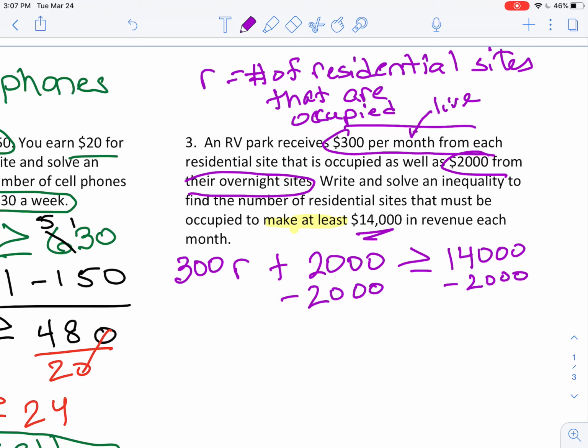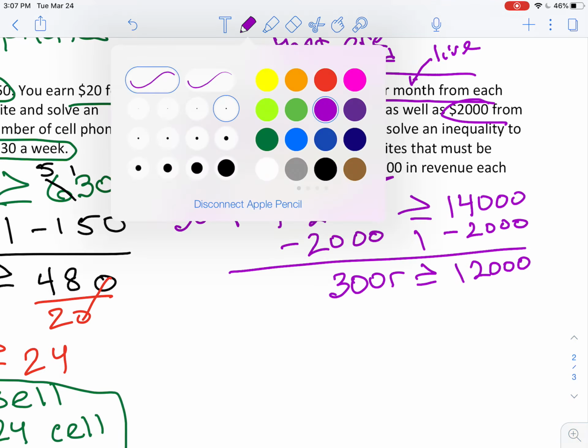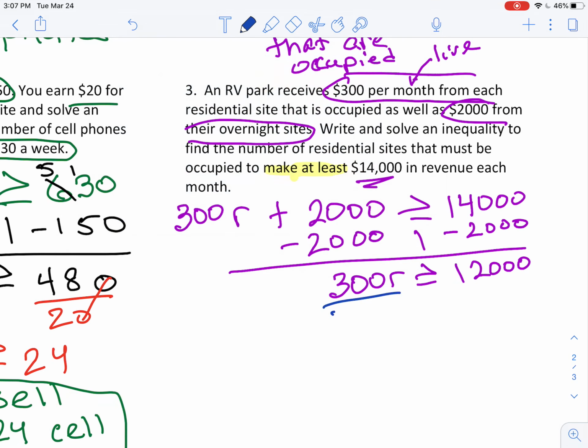There's your equation. Look at it. Make sure that's what you have. Solve it. Again, at your pace. Think to yourself, we just subtracted, so the inequality sign does not change. And then we divide.